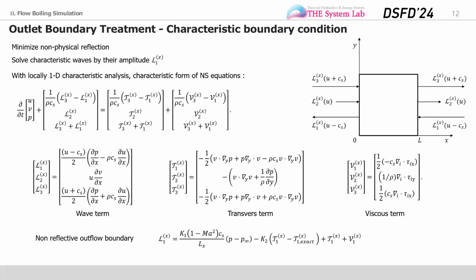Yeah, I adopt the intentional condensation zone, and I think this method is widely used for flow boiling in CFD. So I benchmarked this intentional condensation.